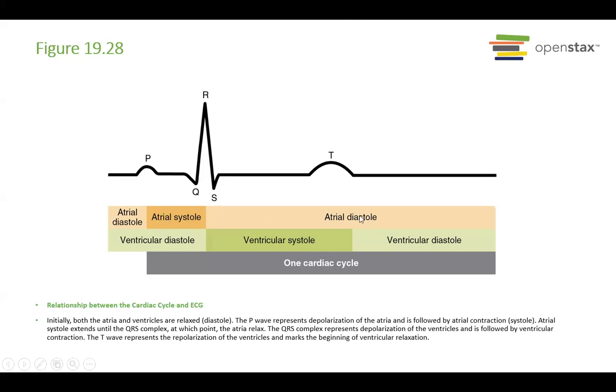And if the atria are doing diastole, the ventricles are doing systole. So the PR interval outlines my atrial diastole and my atrial systole.